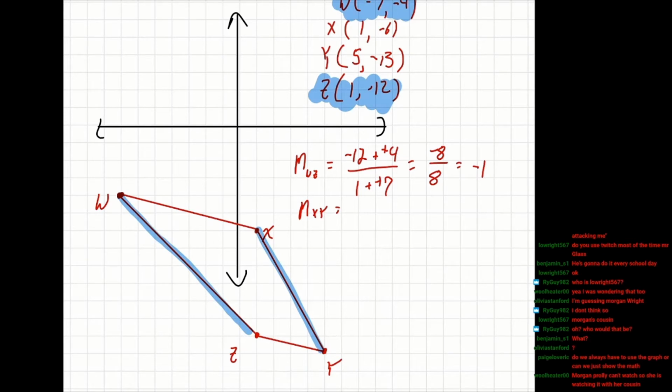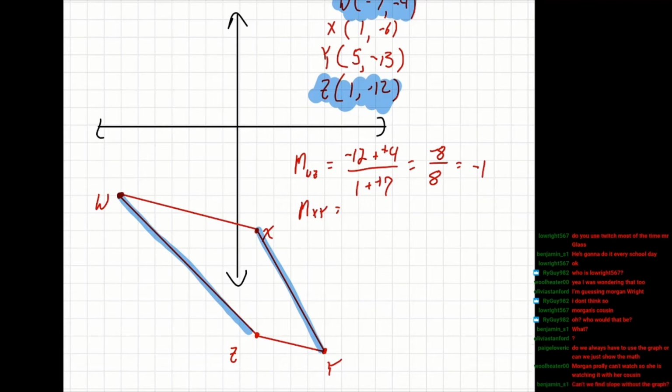I don't like when they say that. I think everyone should graph it, but if we're being super technical, you don't need to graph it. The benefits of graphing it is you probably don't need to show the math for slope if you graph it. If you don't graph it, you have to show the slope formula. So there's a benefit of graphing it.